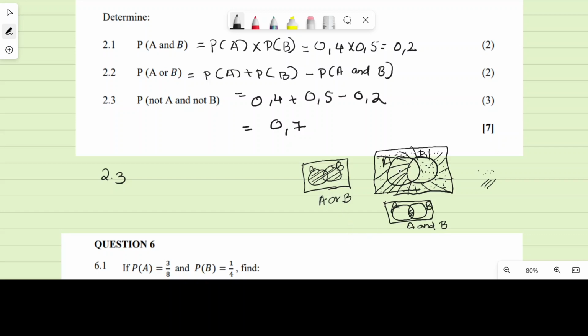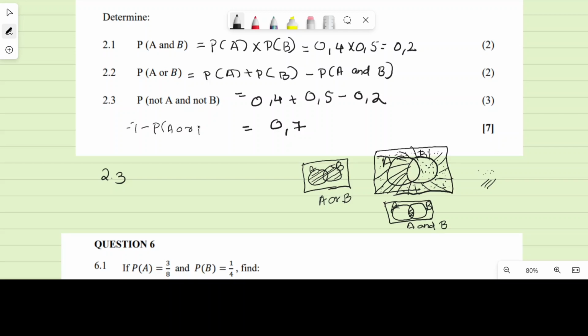Okay. So now here the two shadings come everywhere except A or B. That means all the outside part is not A or B. So the answer to P(not A and not B) is actually equal to 1 minus P(A or B).